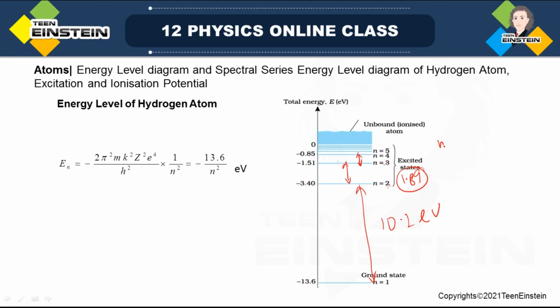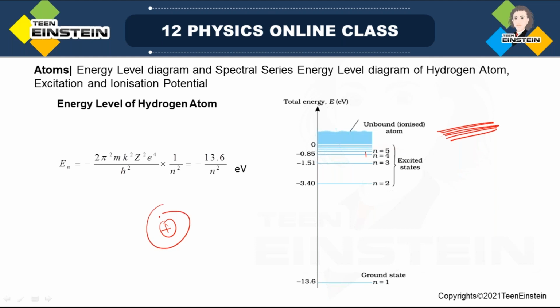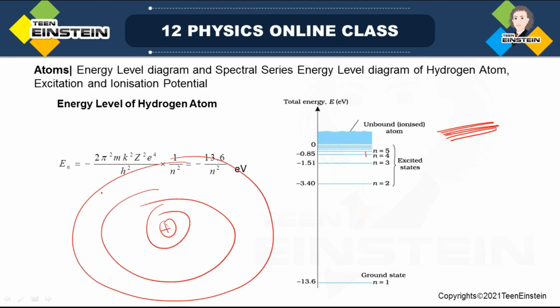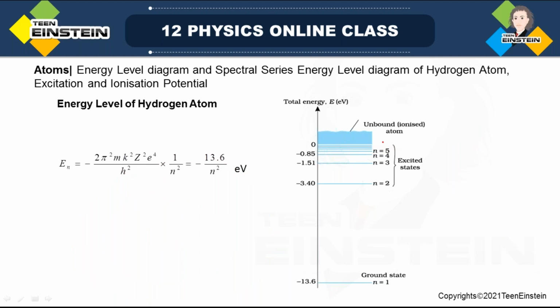Now if you increase further and further this principal quantum number, look what will happen. See, the energy level becomes continuous. No longer will you find any gap between two successive energy levels at very large distance from the atom. Suppose the electron is here, then it is no longer bound to the atom, because it will have continuous energy levels. No longer will it have discrete energy levels.